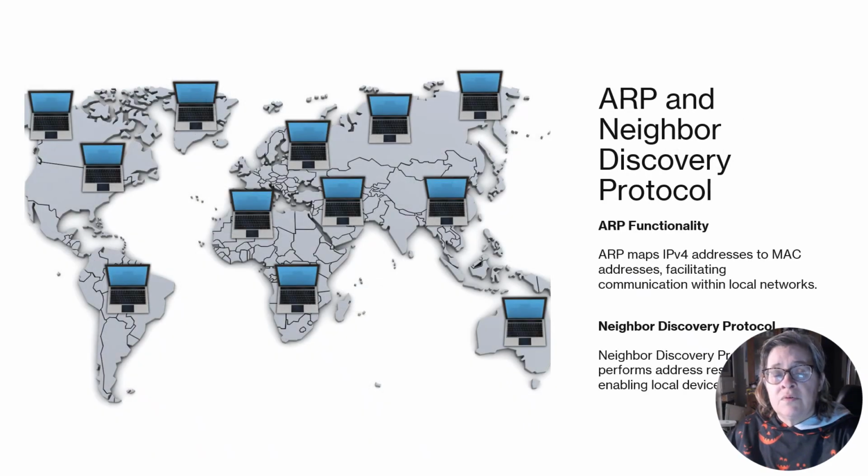ARP resolves IPv4 addresses to MAC addresses, which is Media Access Control, within local networks, while Neighbor Discovery Protocol performs similar functions for IPv6, enabling local communication. I will talk more about ARP and Neighbor Discovery Protocol in another video.